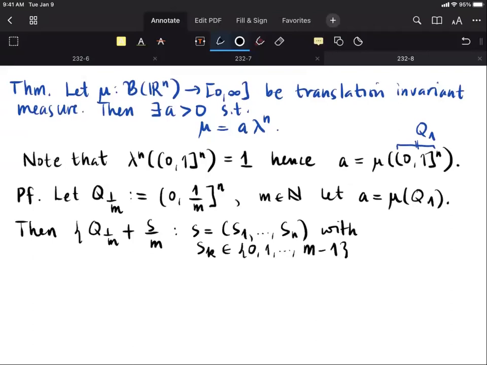So these are the components of your vector s, and k is from 1 up to n. Then this collection forms a partition of your unit cube Q1.